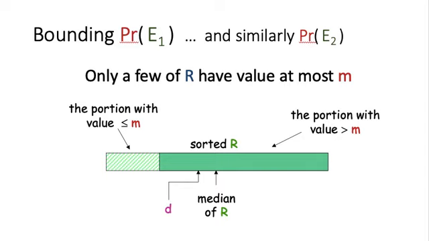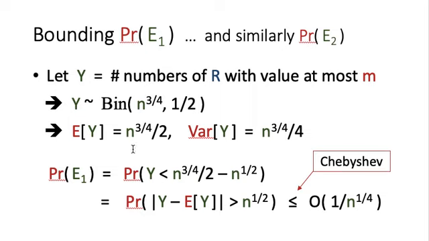So y, the number of items in R with value at most m, is a binomial random variable with parameters n to the power 3/4 and 1/2. We are having n to the power 3/4 draws, and each time we pick a number with value at most m with probability 1/2. So y is a binomial random variable, so we know the expected value and we also know the variance.